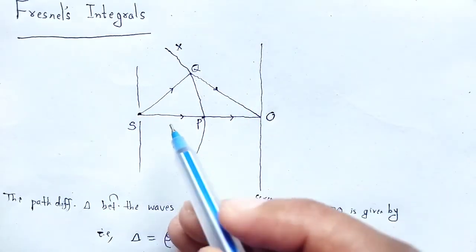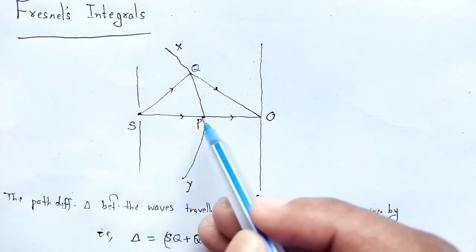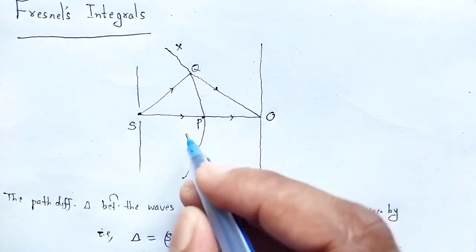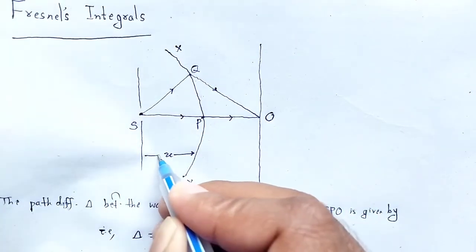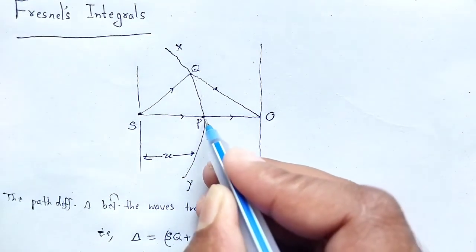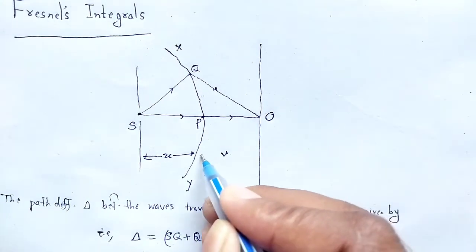We just subtract one length from the other. Let us say the distance SP is u, and the distance between P and O is v.